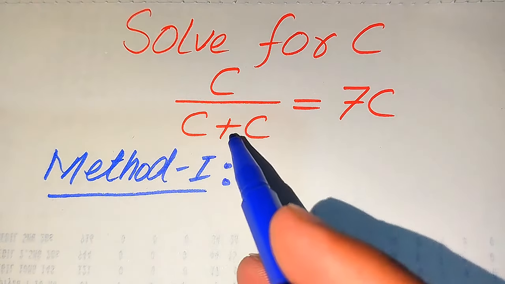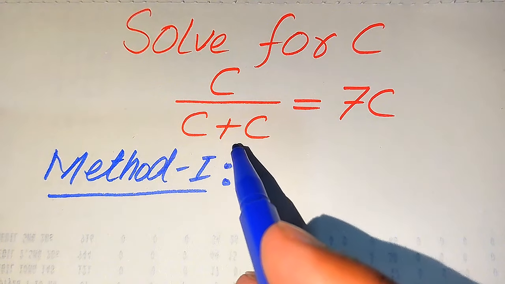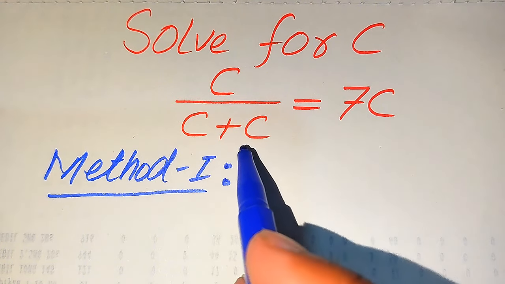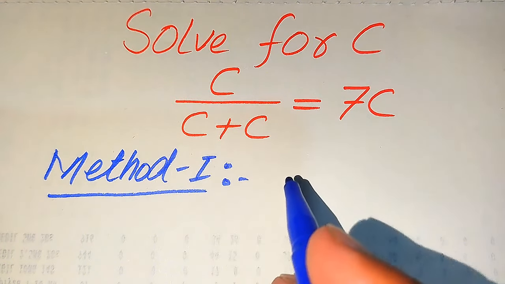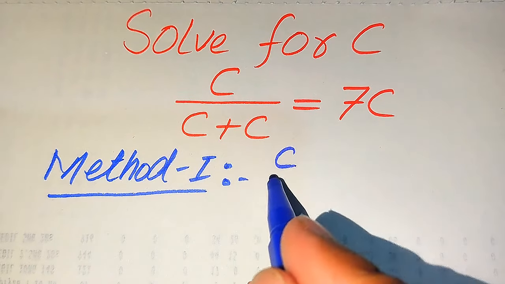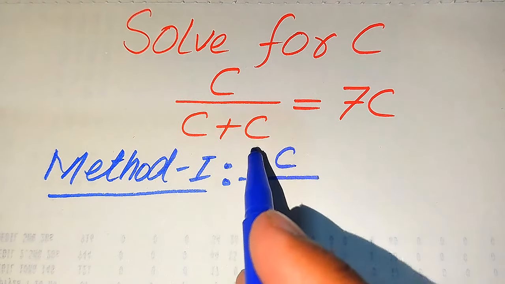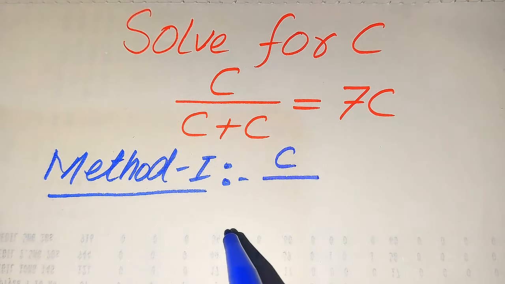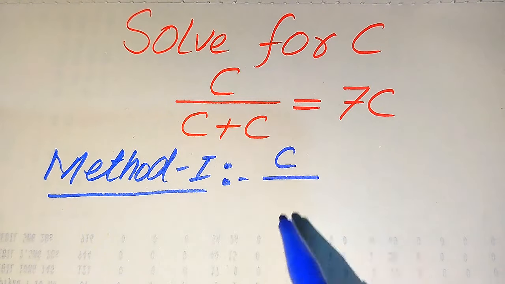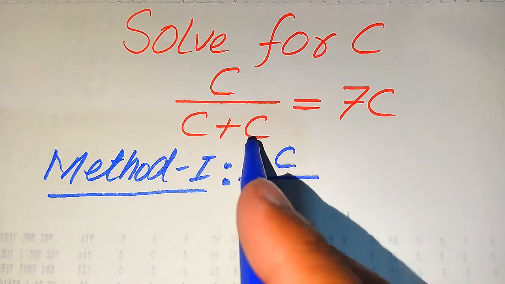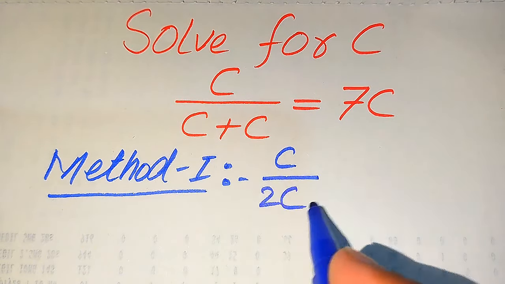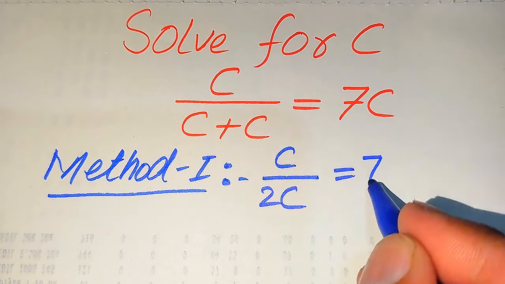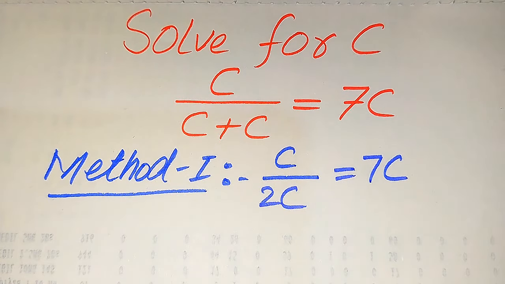In the first method we need to focus on the denominator term, and you see here these are two same variable terms added to each other, so we just add the coefficients of these two terms. The coefficients of both terms are 1, so it becomes 1c plus 1c becomes 2c is equal to 7 times c.